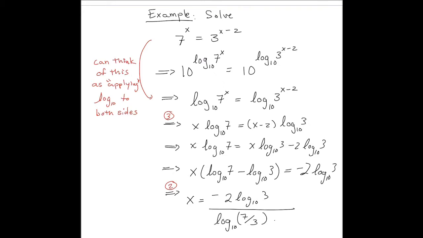Doing that, I can equate my exponents, just like I've done here. I want to remark here that you can actually go directly from the first step to this step if you think of applying log base 10 to both sides. It's perfectly fine to think that way.